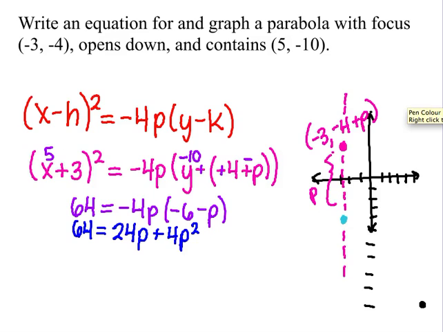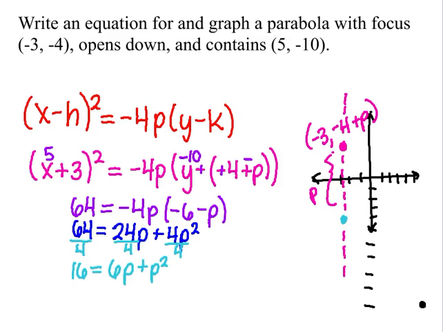What do I know about all the terms? Let's divide by 4. So I end up getting 16 to equal 6p plus p squared.